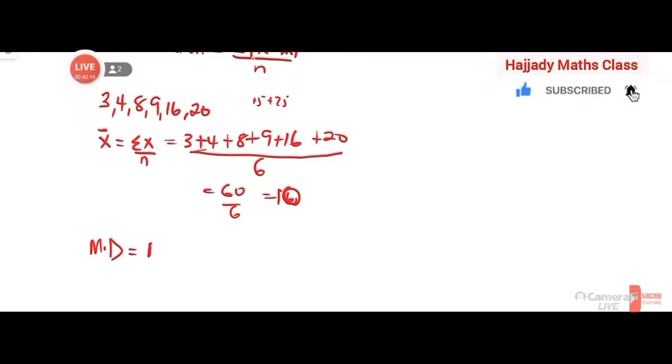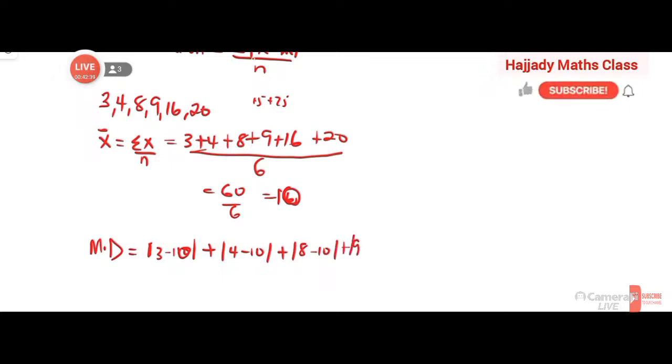So my first x is 3 minus 10, the positive value of it. The next observation is 4 minus 10, plus 8 minus 10, plus 9 minus 10, plus 16 minus 10, and the last one, 20 minus 10. So we are taking the absolute value of each observation.